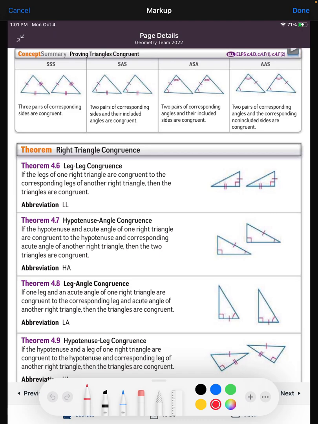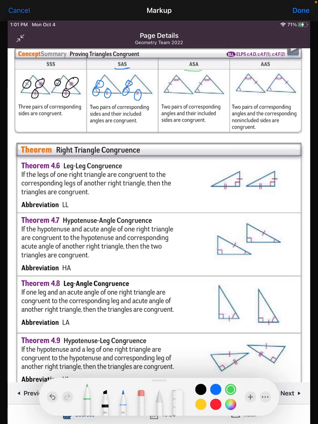So let's summarize what we've learned so far. We've looked at the SSS, or side, side, side, where all 3 sides are equal to each other. We've looked at the side angle side, or SAS, where we can see these 3: the side, the angle, and the side are equal to each other.